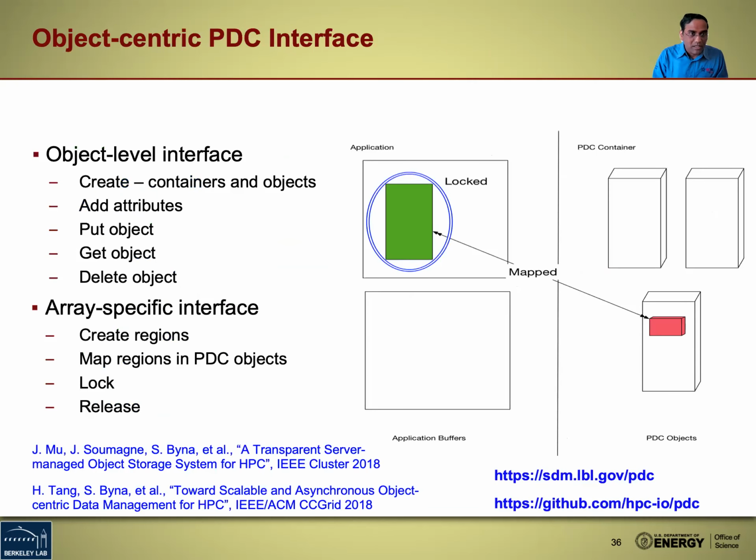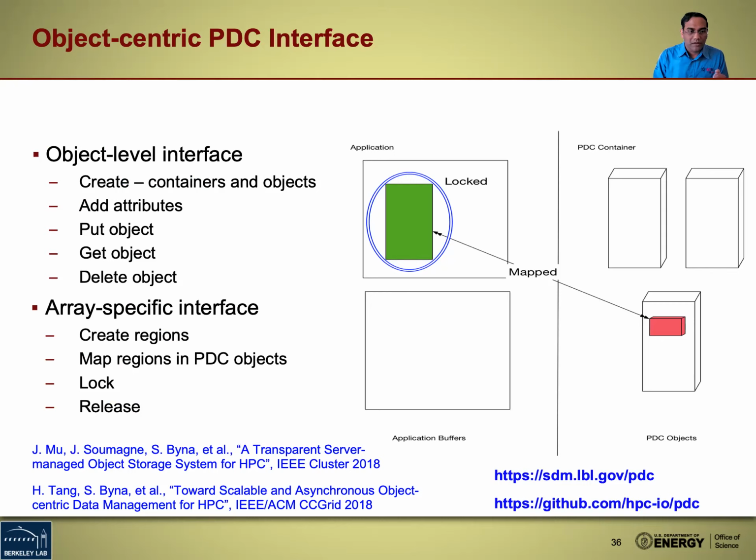The high-level API looks like create containers and add attributes to those containers, put object, get object, and delete object. And when the user application is working on their buffer or the memory object, they lock it. And when that lock is released, it is mapped to the PDC object, and the PDC object is moving the data when there is no lock.